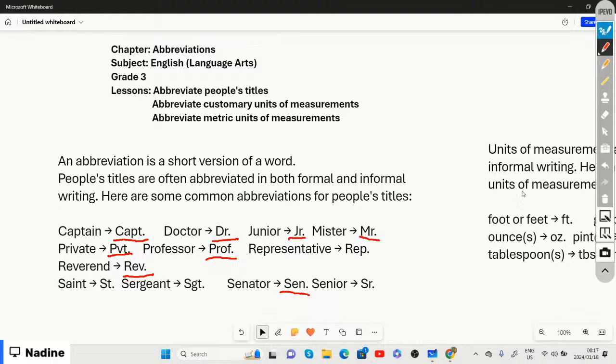And then we have units of measurements, right? A good example would be when you are baking. Say, for example, you are baking and now you need to measure something either in teaspoons, tablespoons, ounces.